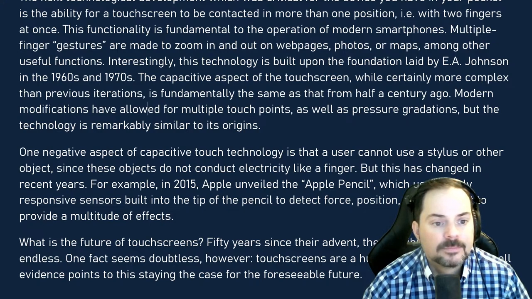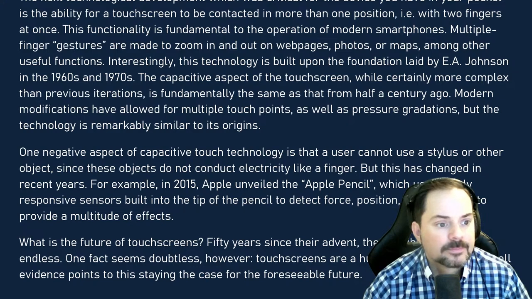Interestingly, this technology is built upon the foundation laid by E.A. Johnson in the 1960s and 1970s. The capacitive aspect of the touchscreen, while certainly more complex than previous iterations, is fundamentally the same as that from half a century ago.